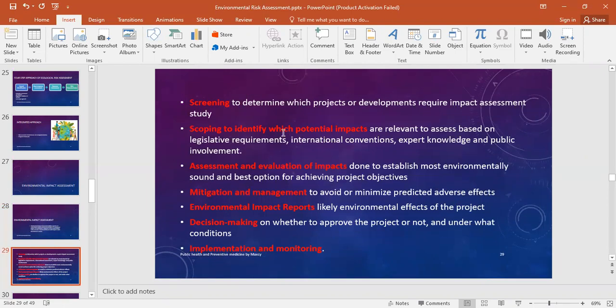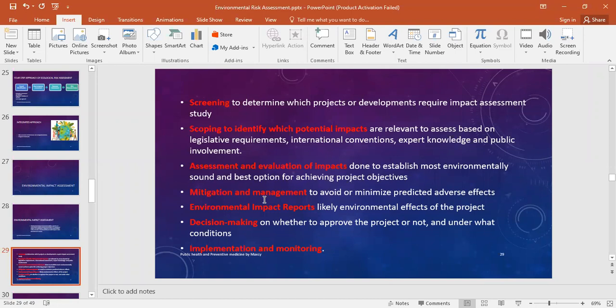Scoping identifies which potential impacts are relevant to assess, based on legislative requirements, international conventions, expert knowledge, and public involvement. Assessment and evaluation of impact is done to establish the most environmentally sound and best option for achieving project objectives.